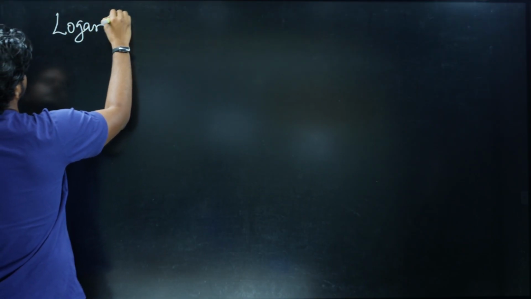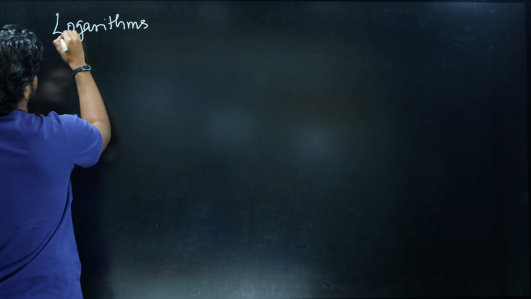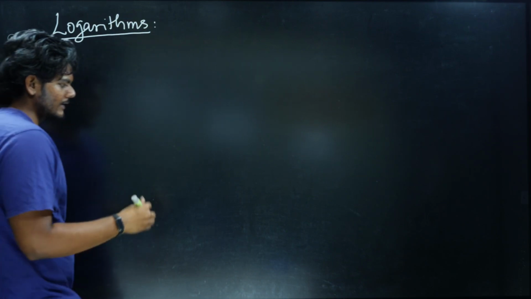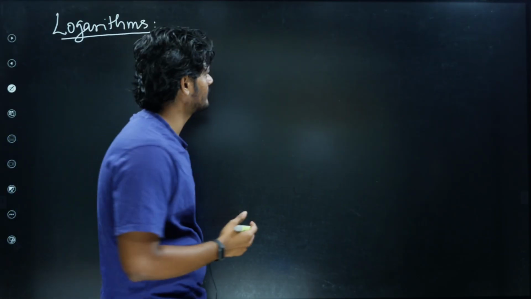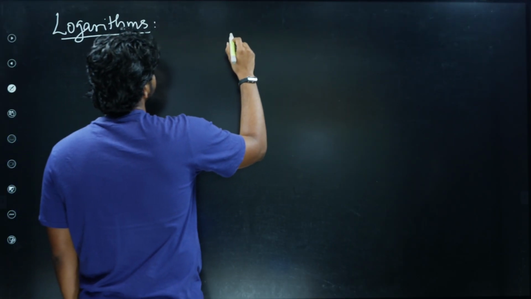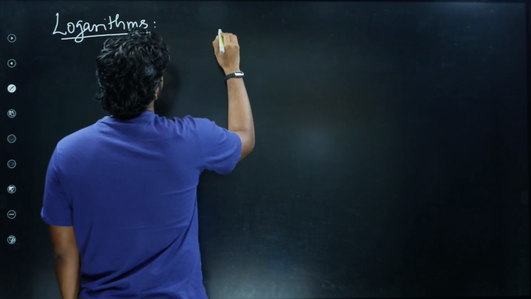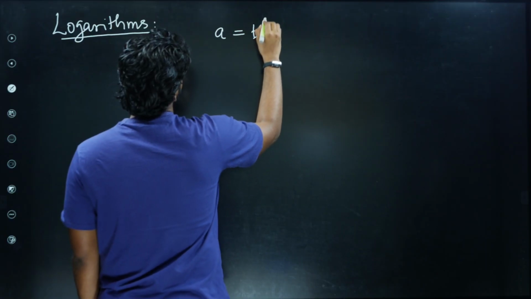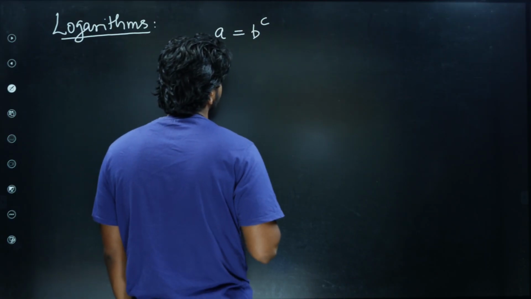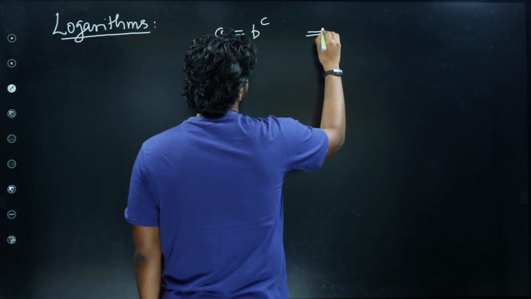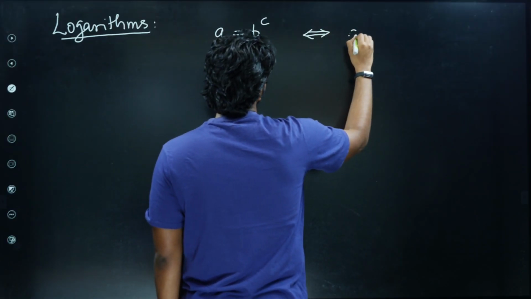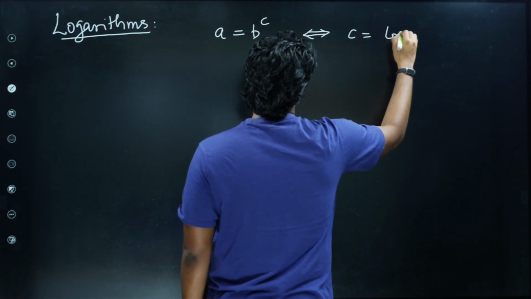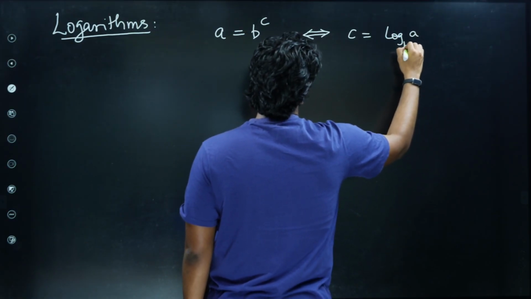Logarithmic function. First of all, what are logarithms? Function, we will see what that is, but logarithms are defined like this. If a is equal to b power c, that is equivalent to saying c is equal to log a base b.